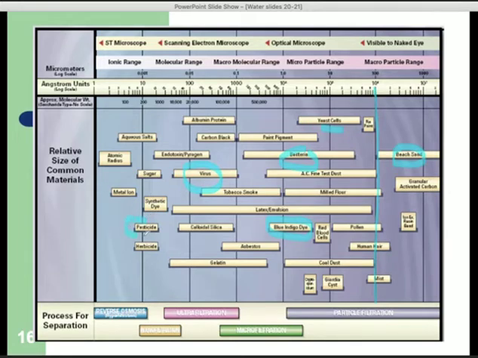Synthetic dyes, pesticides, herbicides, metal ions, all of that stuff will get through. So really all the things that we concerned ourselves about these days, that stuff here will not be retained by a sand filter. The sand filter will only retain very large stuff, so twigs, leaves, larger cells.